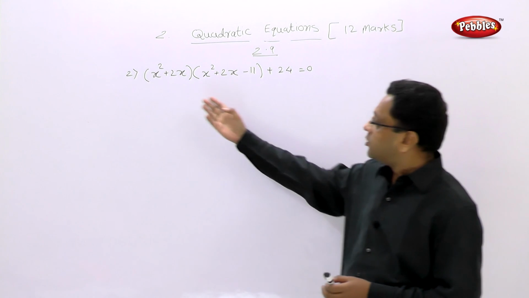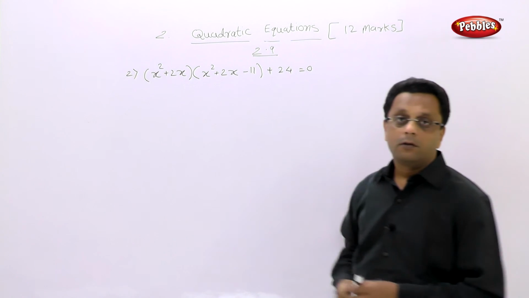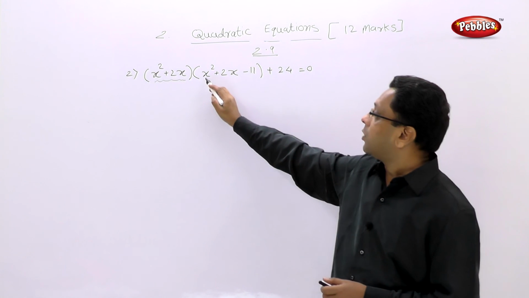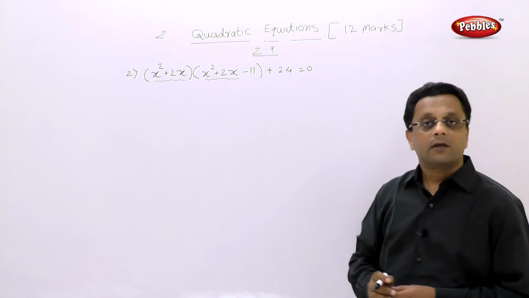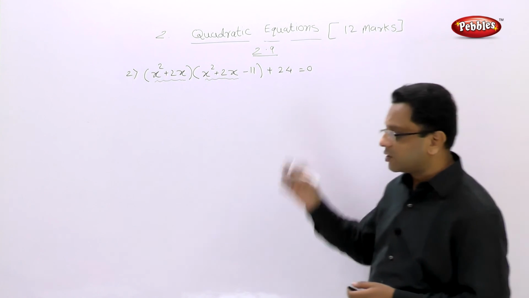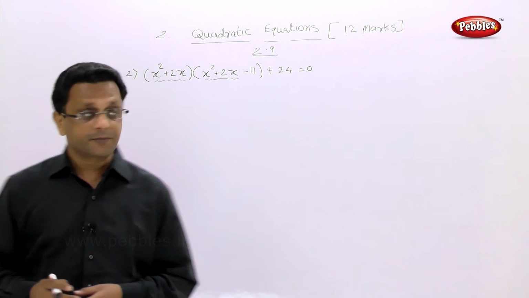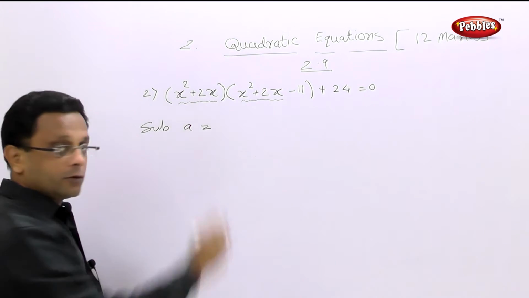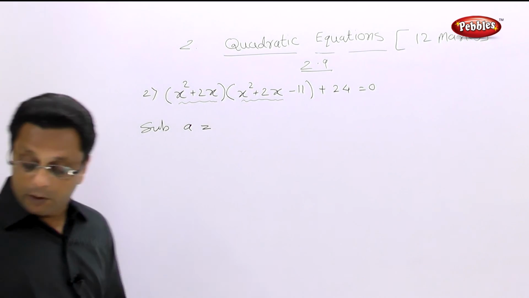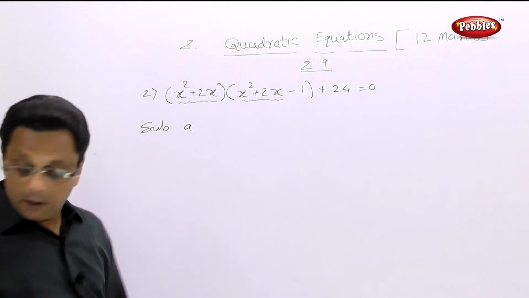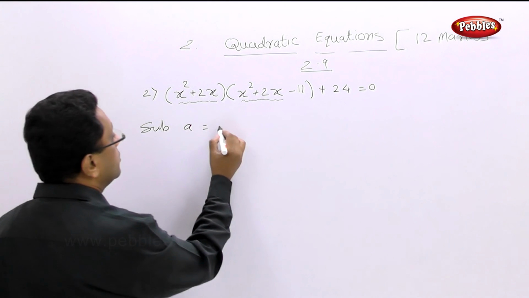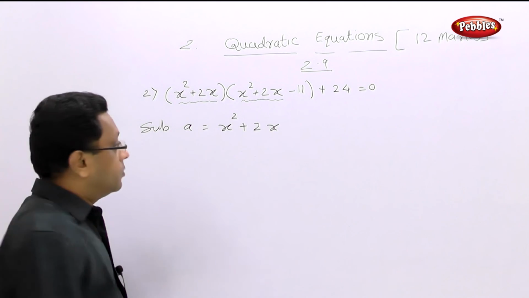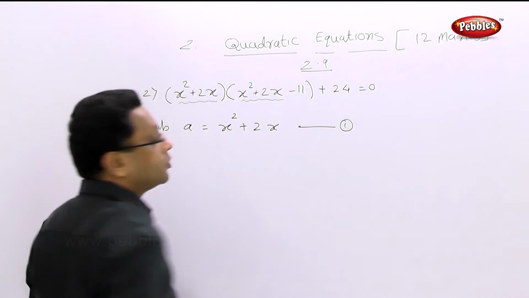Just by merely observing this, you can see that x square plus 2x is common. This term is common. So let us consider this term as a. So substitute a is equal to x square plus 2x. So this is my equation 1.